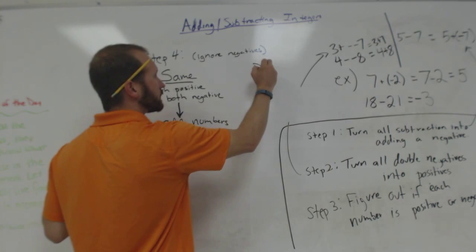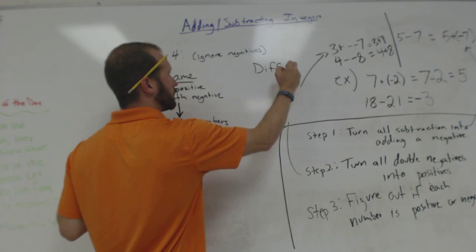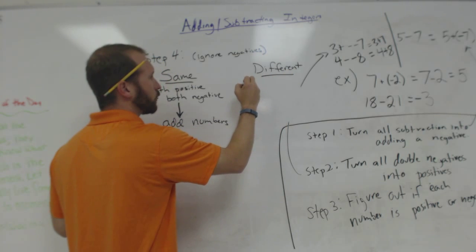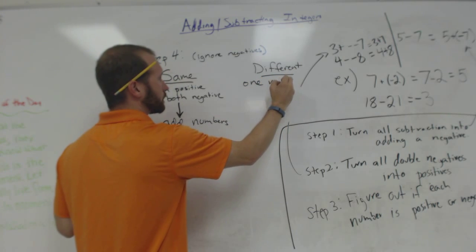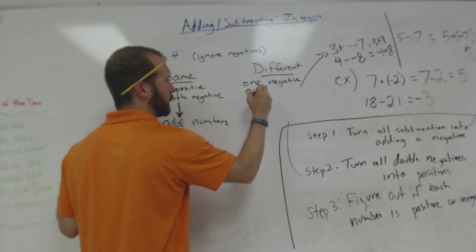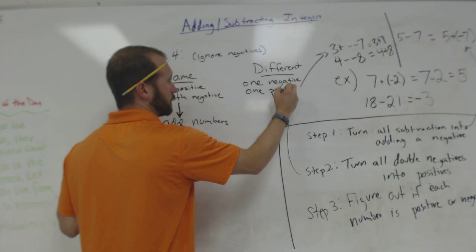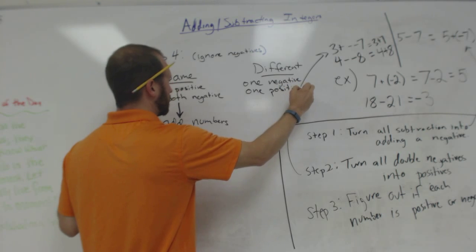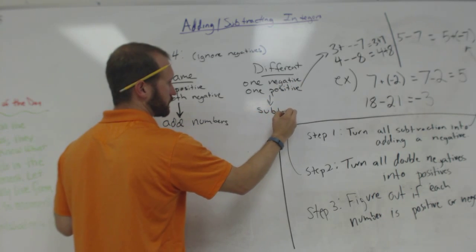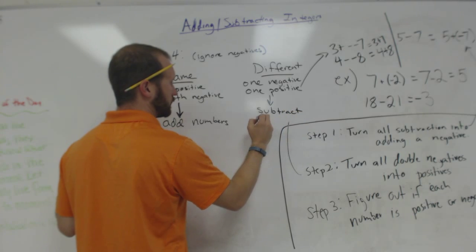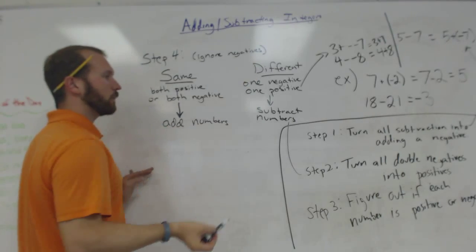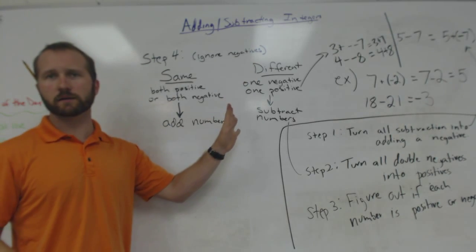If they're different, so in other words, one is negative and one is positive, I'm going to subtract the numbers. Again, I'm ignoring whether one is negative when I subtract.